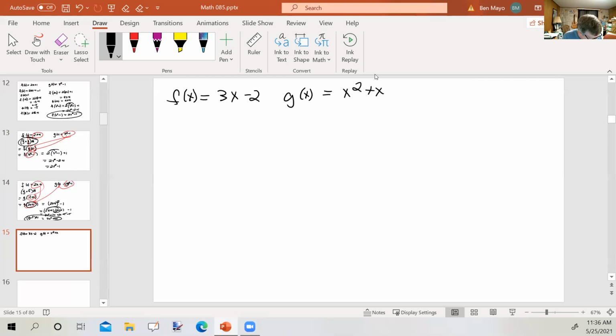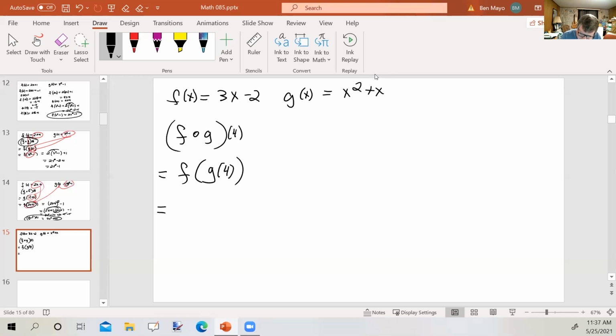It says find each of the following. Let's find f composed with g of 4. So f composed with g of 4 is equal to f of g of 4.